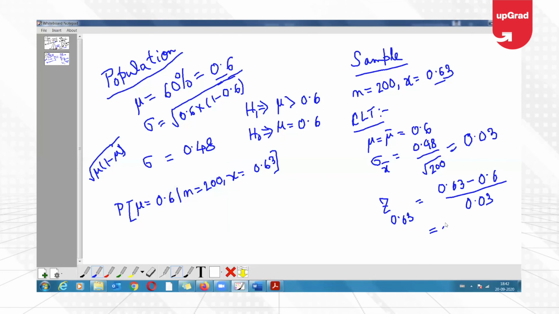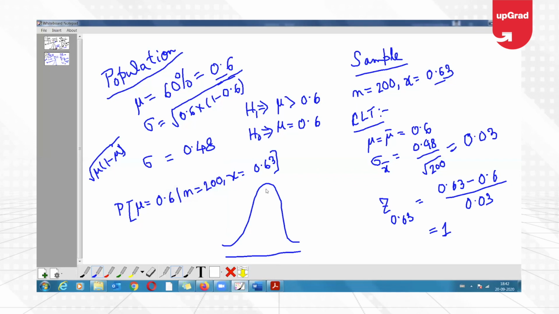So the z-score is 1. So now if this is 0.6, this is 0.63, and this side is my rejection region.